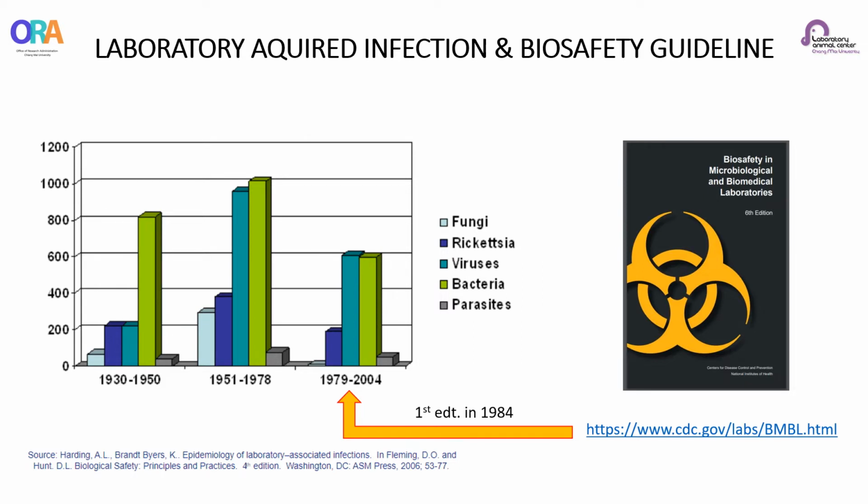The first Biosafety in Microbiological and Biomedical Laboratories, also known as BMBL, was published in 1984 and has undergone 6 revisions since then. The BMBL provided technical content not previously available in biosafety guidelines by adding summary statements conveying guidance pertinent to infectious microorganisms that have caused LAIs.